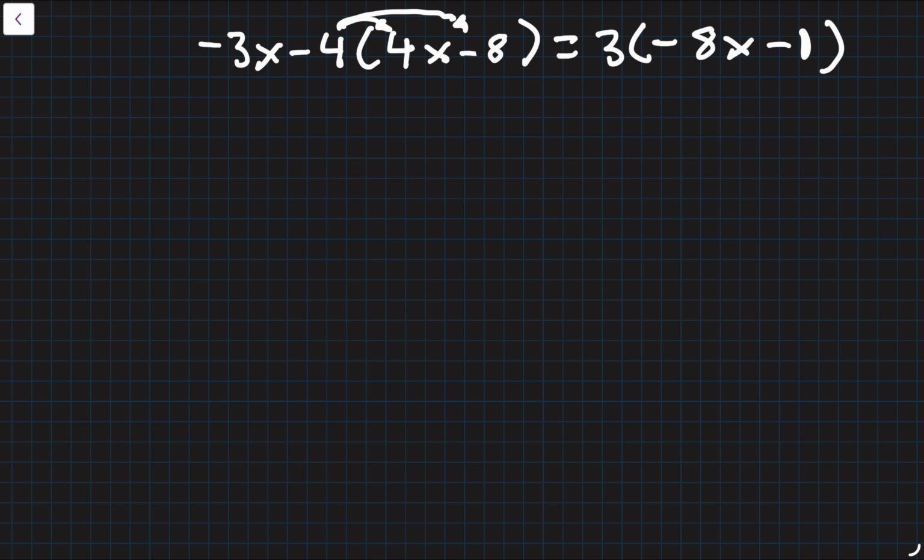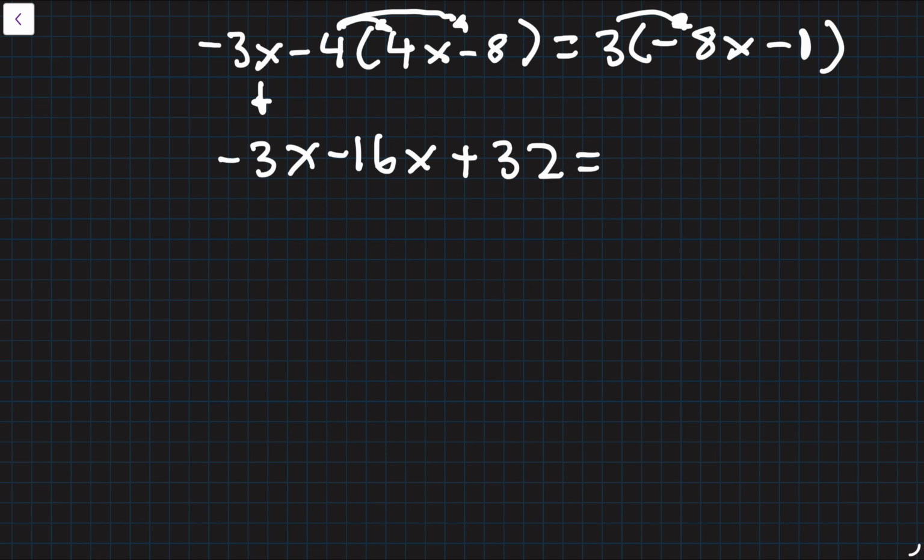Negative 4 times 4x is going to be negative 16x, and negative 8 times negative 4 would be positive 32. Then equals, and you bring down negative 3x right over here. Then you do the same thing to the other side. So 3 times negative 8x is going to be negative 24x, and then 3 times negative 1 is negative 3.